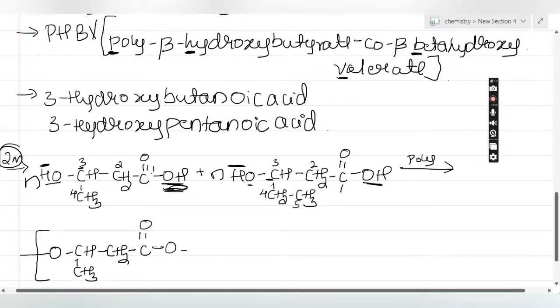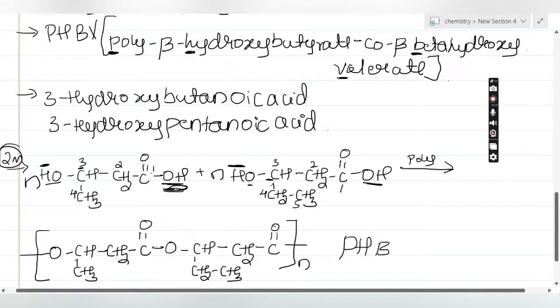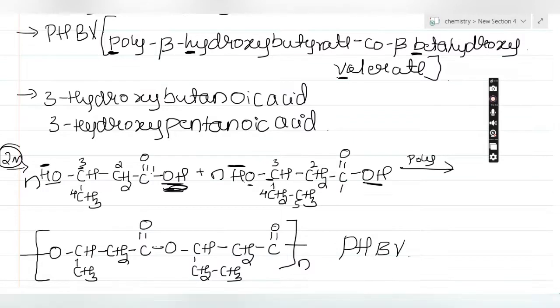So we have an O, then we have CH, down we have CH2, CH3, then we have a CH2, then we have C double bond O, there also the OH has gone, n times. This is the partial structure of your poly beta hydroxy butyrate co-beta hydroxy valerate, that is PHBV. So this is how you need to remember the structure of PHBV.